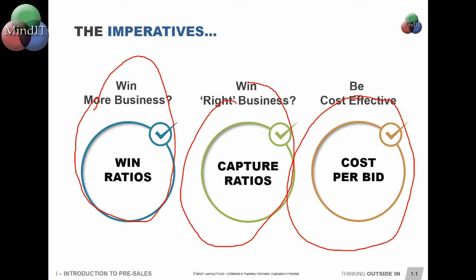I mean, a whole lot of measures that can be put into place. But please bear in mind that you don't want to end up in a situation where you have measures which lead to analysis paralysis. That's my recommendation, and hopefully this will help you drive more meaningful measurements for the pre-sales function.